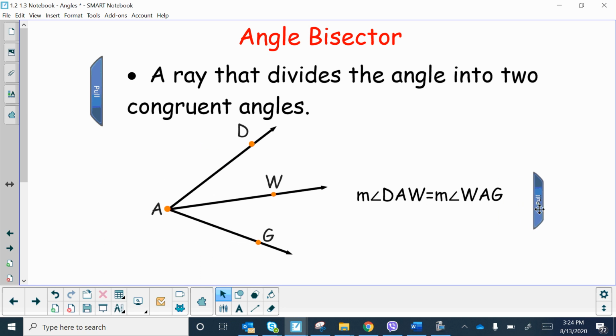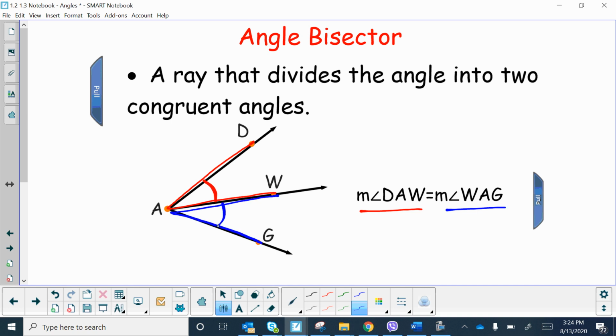we have this angle, angle DAG. And over here to the right, it is saying that angle DAW, this angle right here that I marked in red, is congruent to angle WAG.